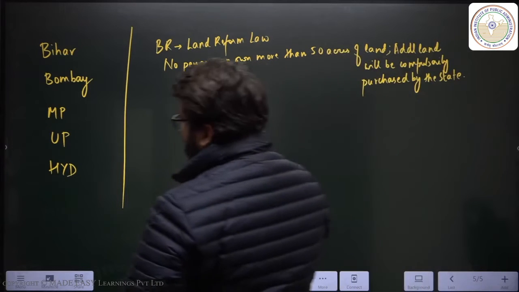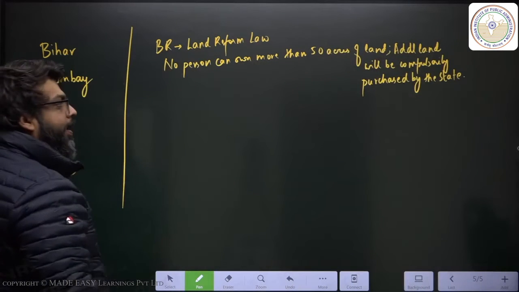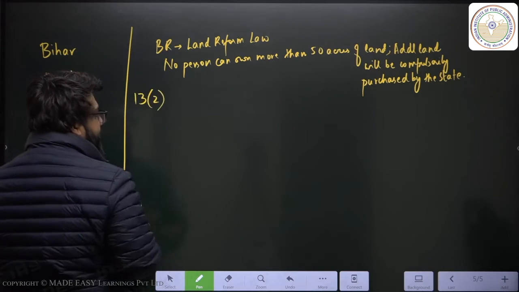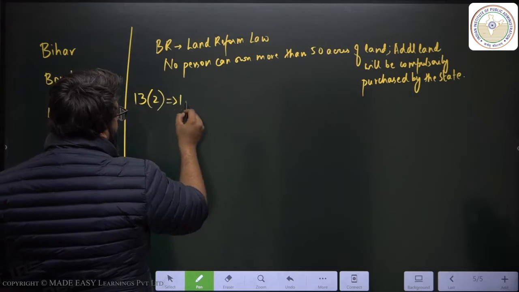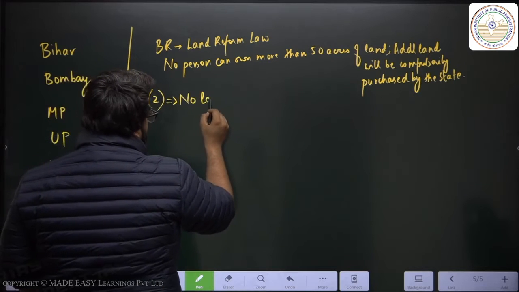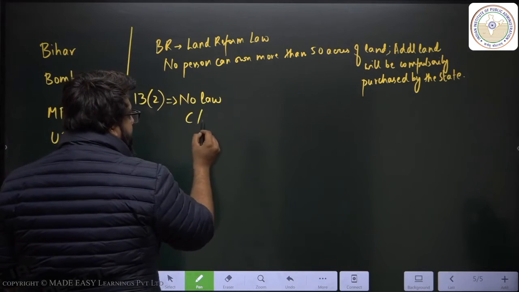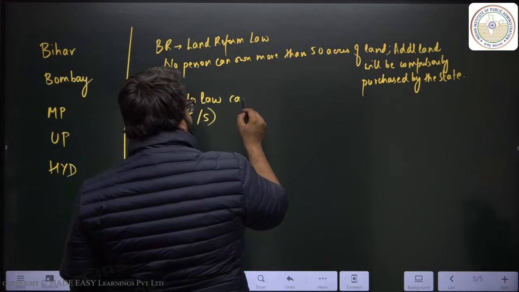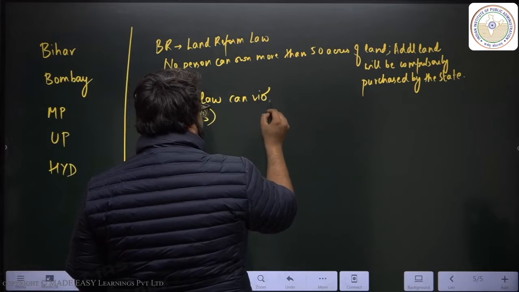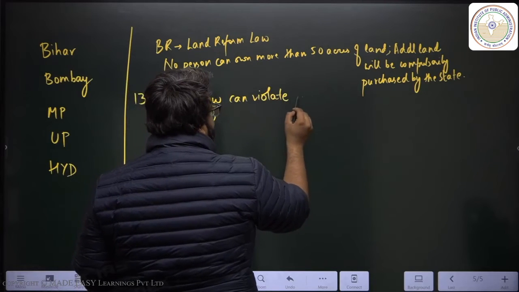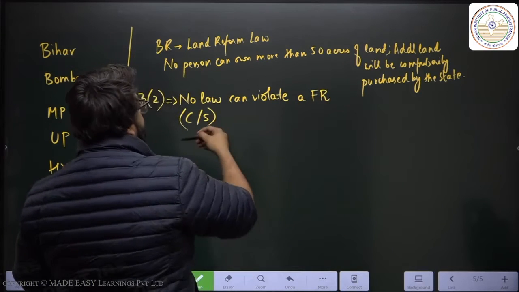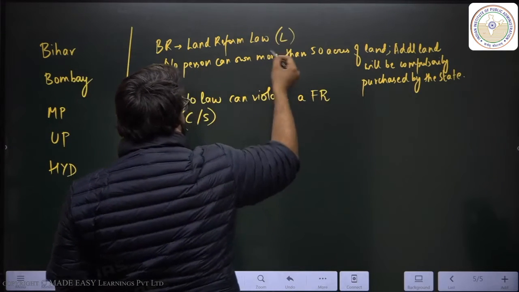Now, this is a law. We know that Article 13, Clause 2 says no law, doesn't matter if it's a central law or a state law, can violate a fundamental right. Now, this at the end of the day is a law.